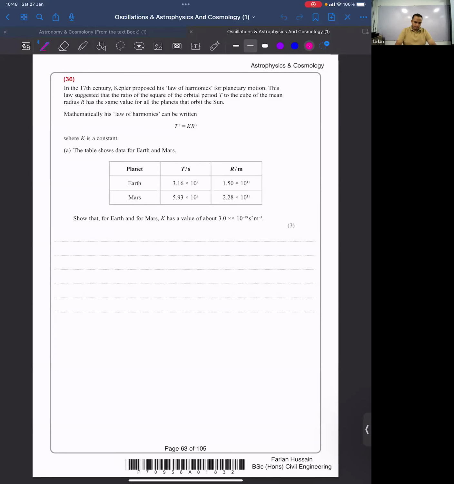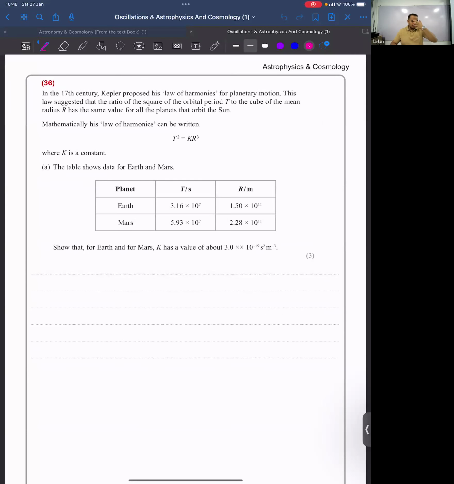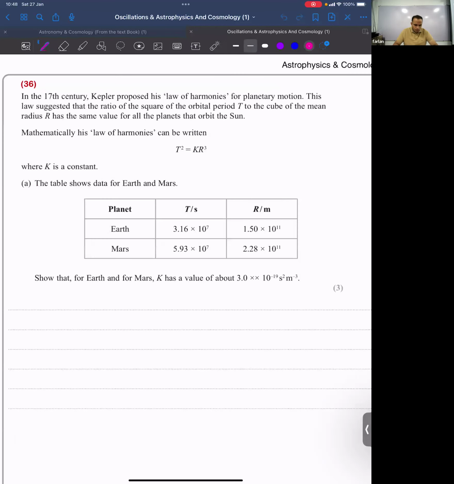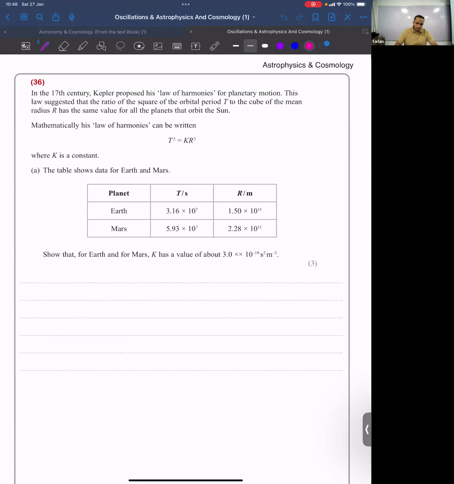In the 17th century, Kepler proposed his law of harmonies for planetary motion. This law suggested that the ratio of the square of the orbital period T to the cube of the mean radius r has the same value for all planets that orbit the sun.